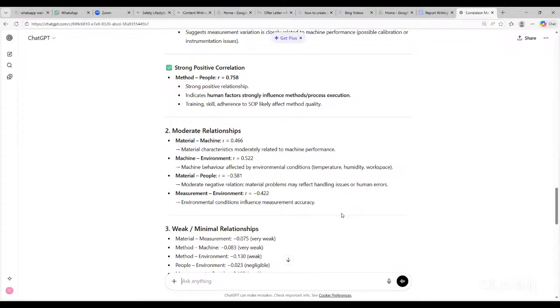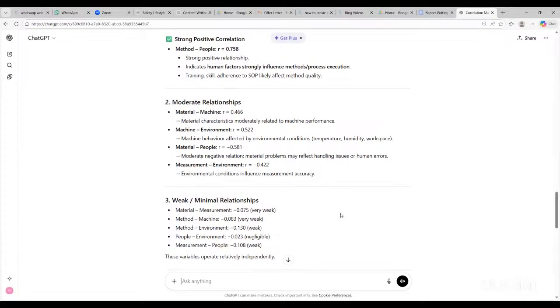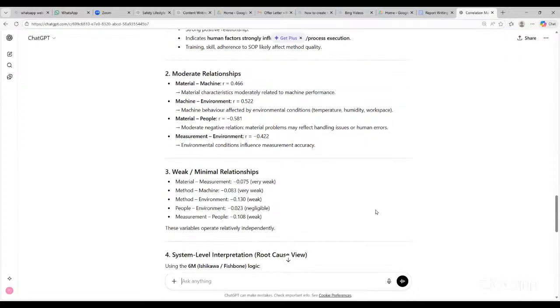And next is the moderate correlation: material and machine, that is also positive. Machine and environment, material and people, measurement and environment, this is the negative relationship. So weak and minimal relationships: material and measurement very weak, method and machine very weak, method and environment weak, people and environment negligible, and measurement and people weak.